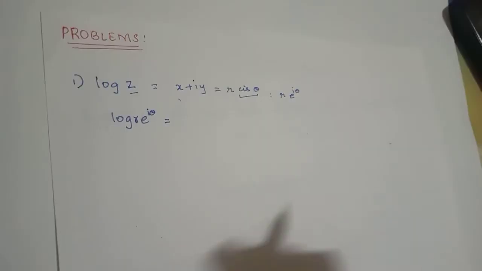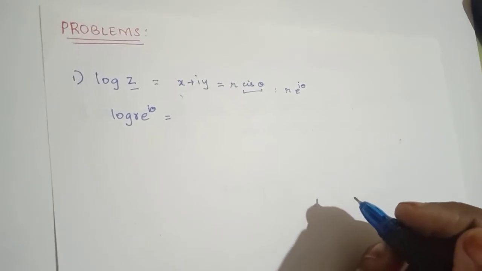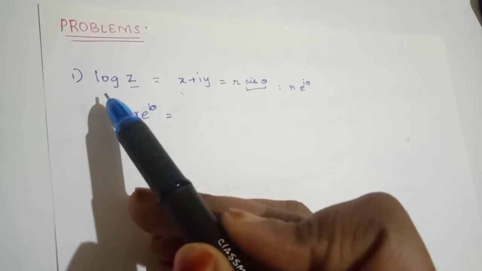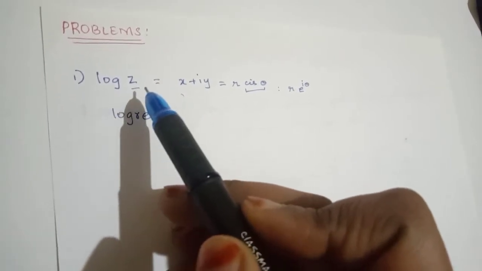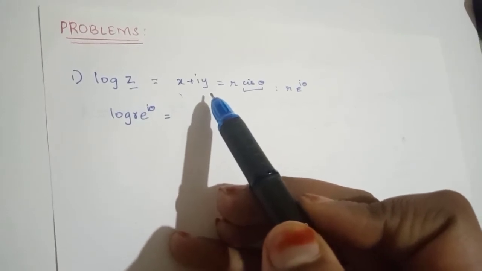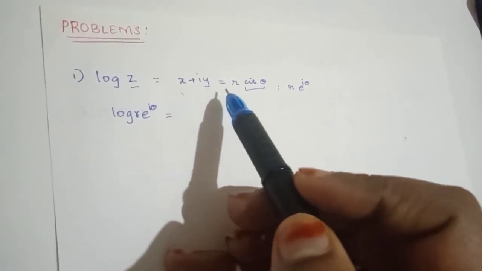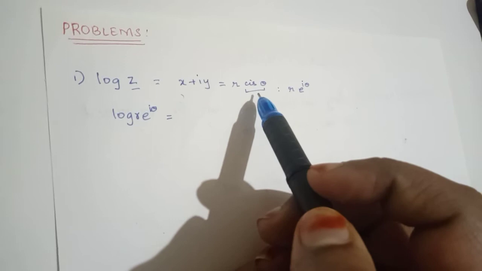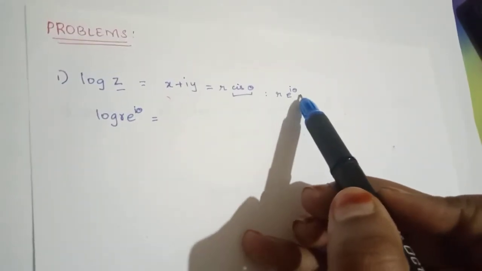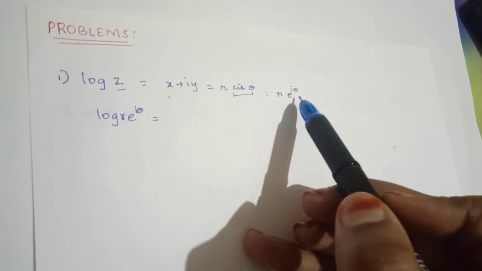So here comes the first problem. The first problem is log z. Considering z, we can't solve it in the form of log z directly, so we have to simplify z. Z can be written as x plus iy in Cartesian form, and x plus iy can be written as r cis theta in polar form. This cis theta is nothing but e power i theta according to the exponential form.